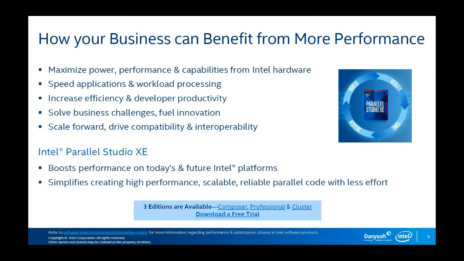It is possible by means of achieving scalability rates by exploiting the different levels of parallelism available in the modern microprocessor. And we can anticipate that these three editions mentioned before, the Composer, the Professional, and the Cluster, can be downloaded and tested with a free trial.